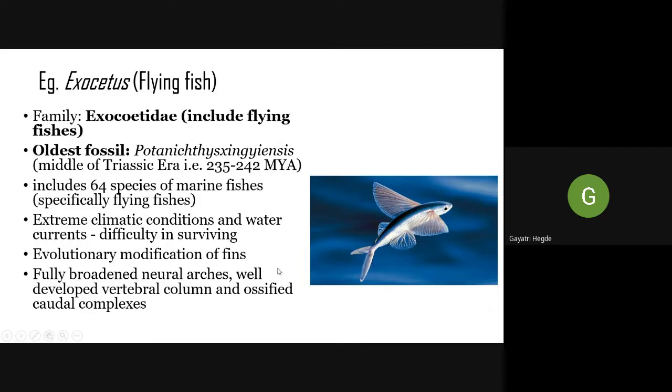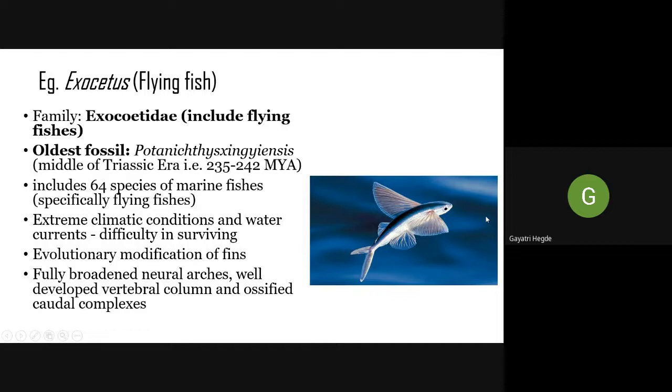This slide is general about the family Exocetidae. It has 64 species, all specifically known as flying fishes. One oldest fossil is mentioned, which is Potanichthyes. It evolved during the middle of the Triassic era, around 235 to 242 million years ago.